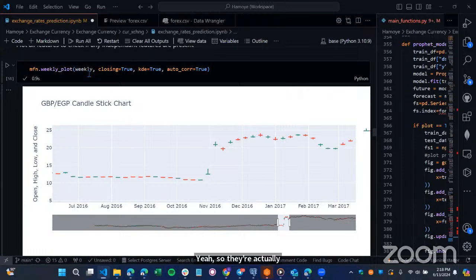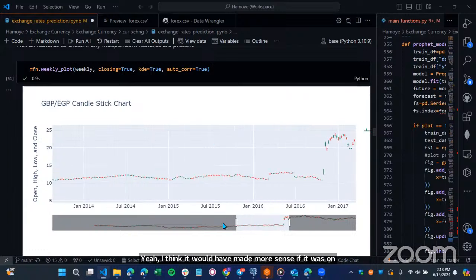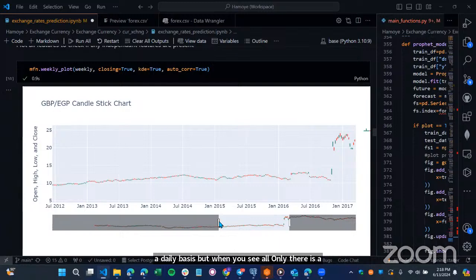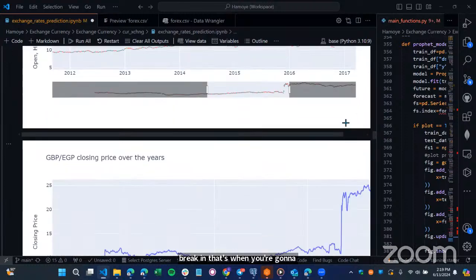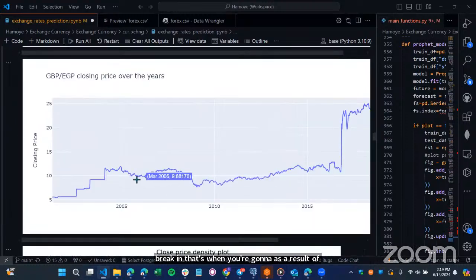Though we are looking at it on a weekly basis, I think it would have made more sense if it was on a daily basis. But whenever there is a break in your line, maybe you're visualizing just one column, it's actually a result of missing values. But the moment you eliminate those missing values, you always have a straight line.